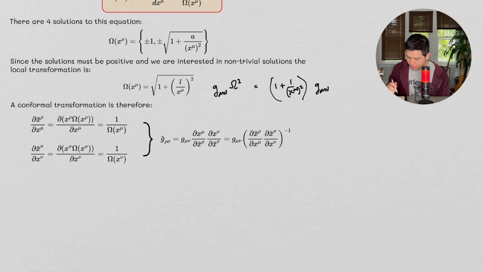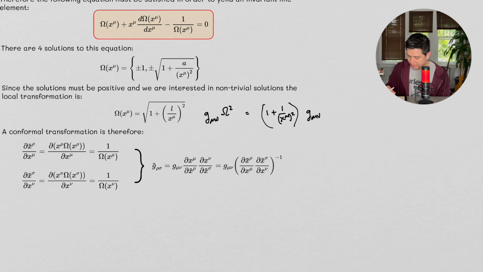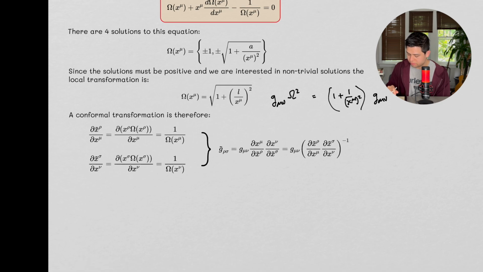We can now multiply by both of these, and we can take mu and nu to be the same, and we get back our transformation property here. So this down here is confirmation that this transformation does indeed work.